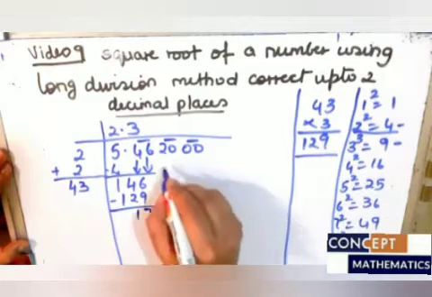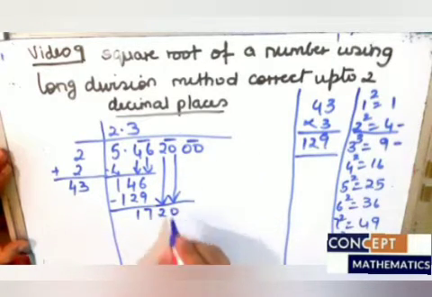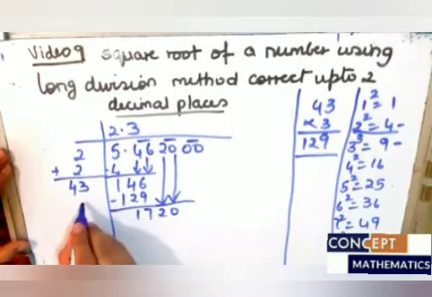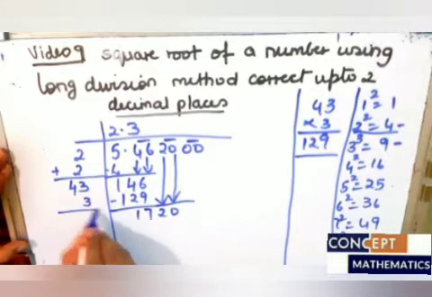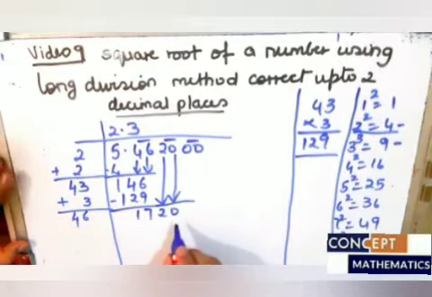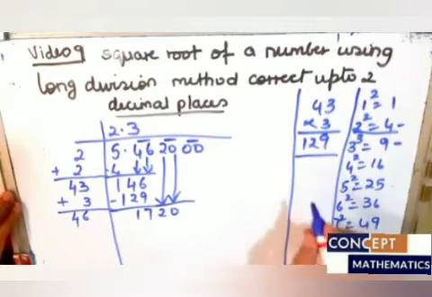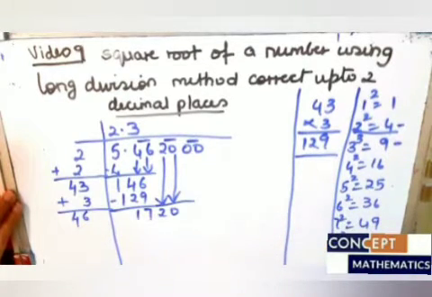Now you bring down 20. So now 43 plus 3 will give you 46, and now it's a 0. It is 1720.